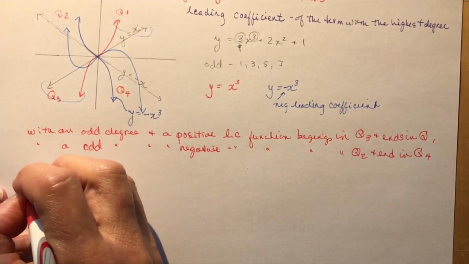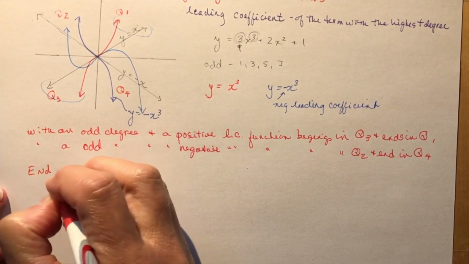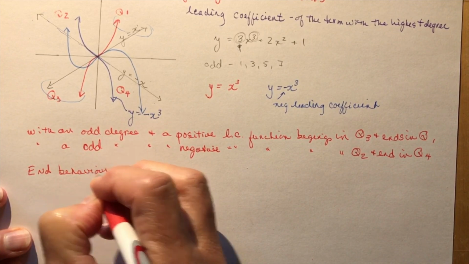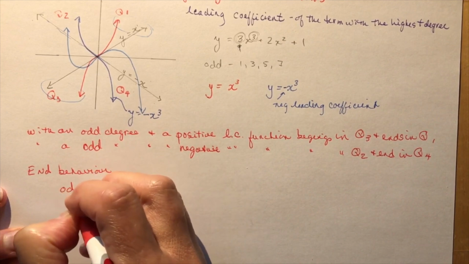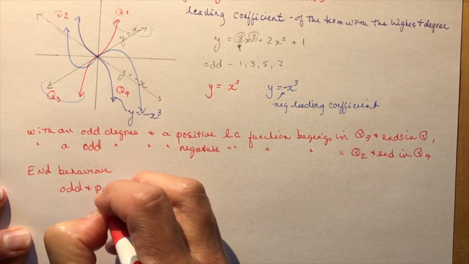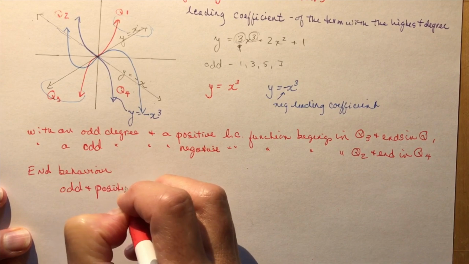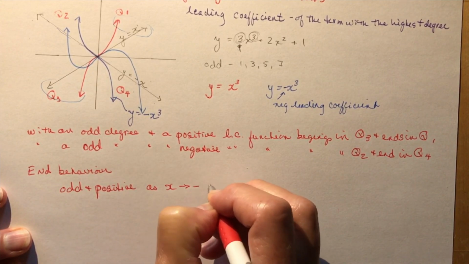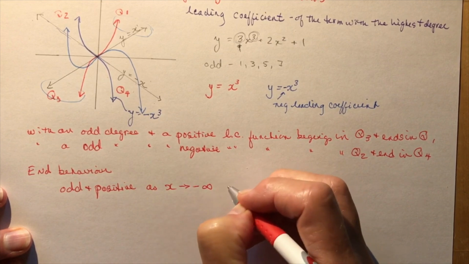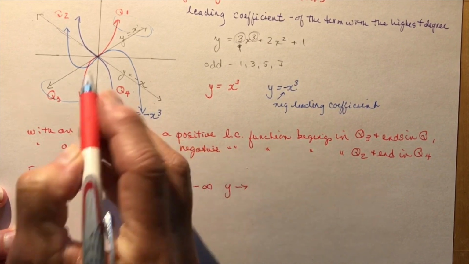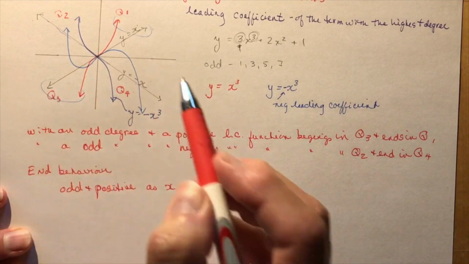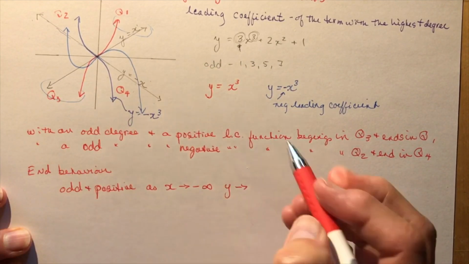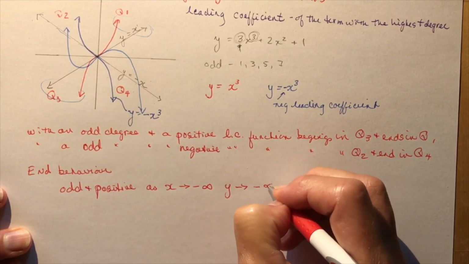So if you're going to be asked what is the end behavior, you're going to say odd and positive, as x approaches negative infinity, y approaches, so as I go this way, this is my odd one, odd and positive, so the end behaviors are here, y approaches negative infinity.